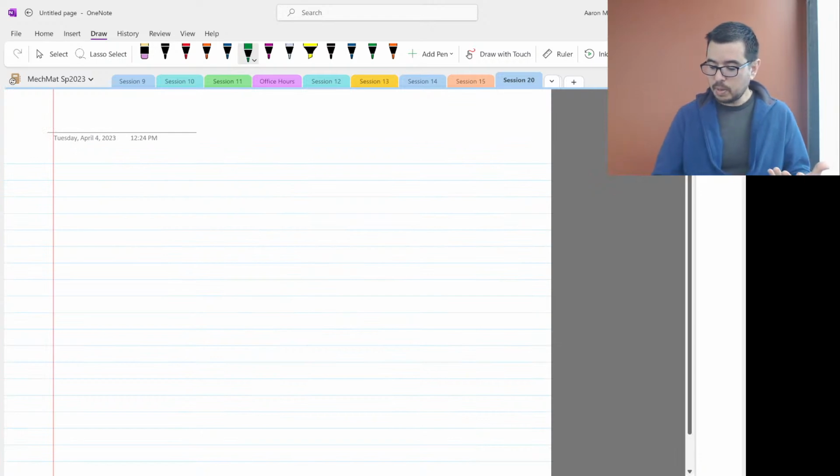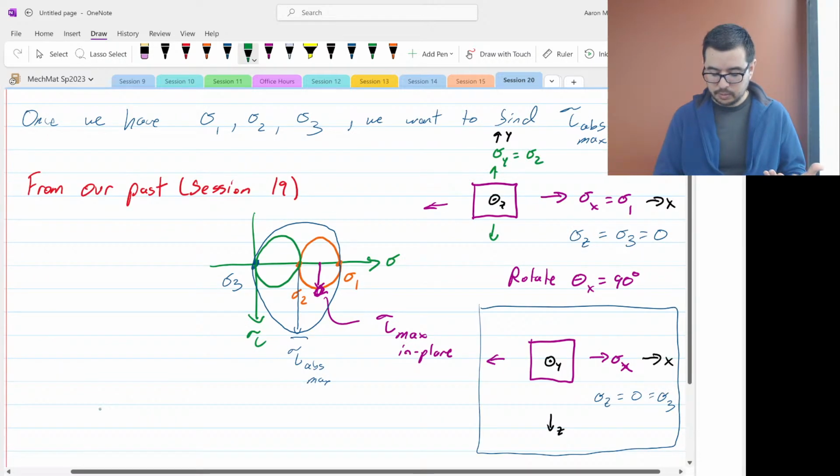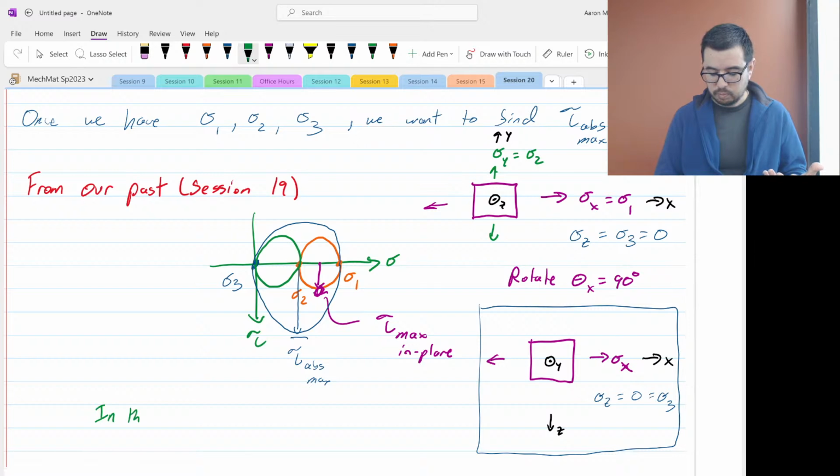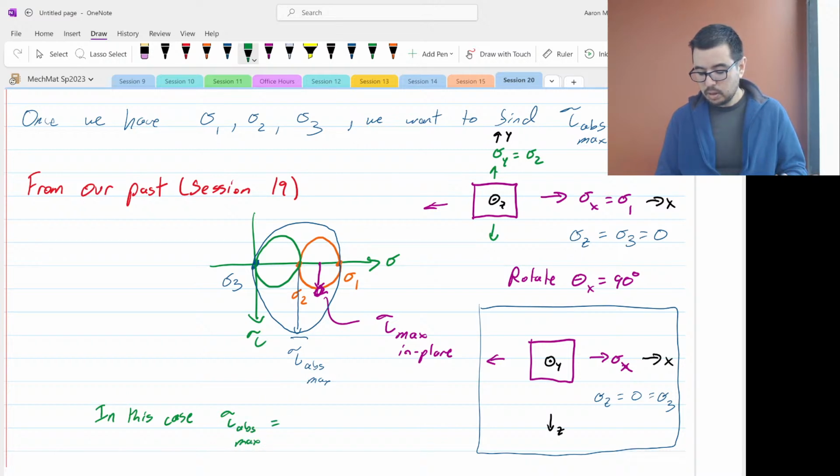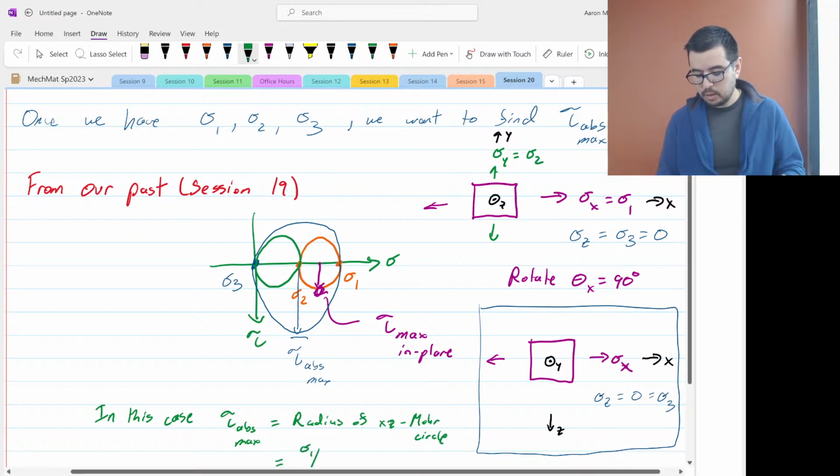In this case, tau absolute max is equal to the radius of the xz Mohr circle, or you could just say it's going to be sigma 1 divided by 2.